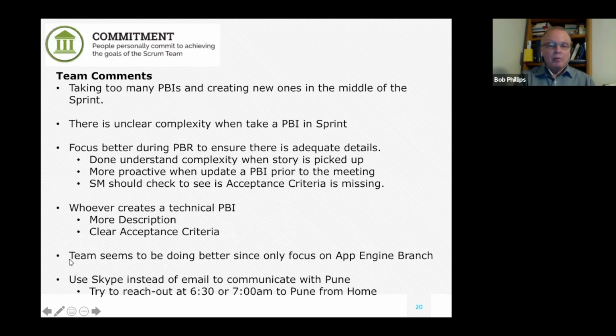And they've made a comment that they're doing better since the focus has been on one area of the code. And then the last thing was trying to use Skype instead of just email to communicate with Pune, because email wasn't working. But again, these are the things that came out of just that one question.